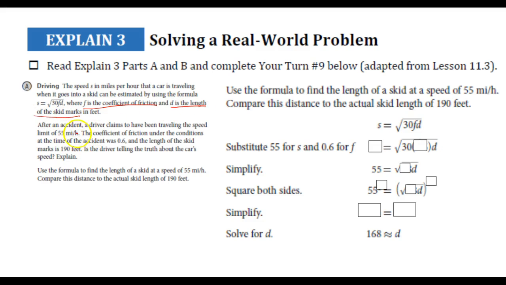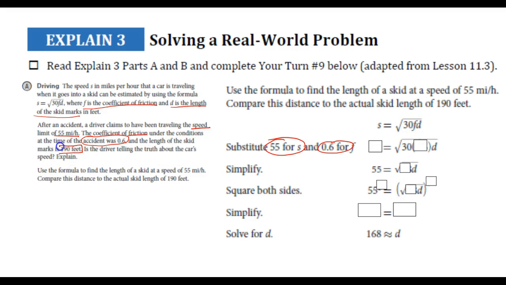Okay. In the word problem they give us here, they say that a driver claims that he was traveling at a speed of 55. And the coefficient of friction under the conditions was about 0.6. We're just going to see what the length of the skid was, and the length of the skid was actually 190.